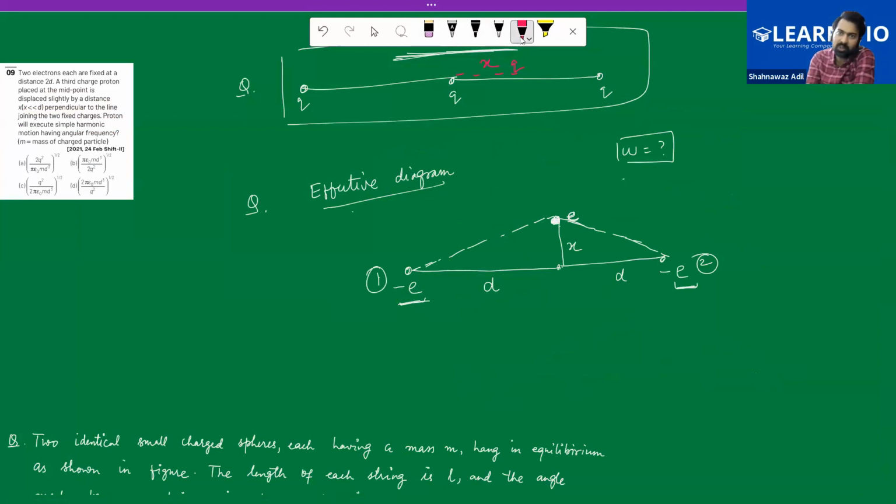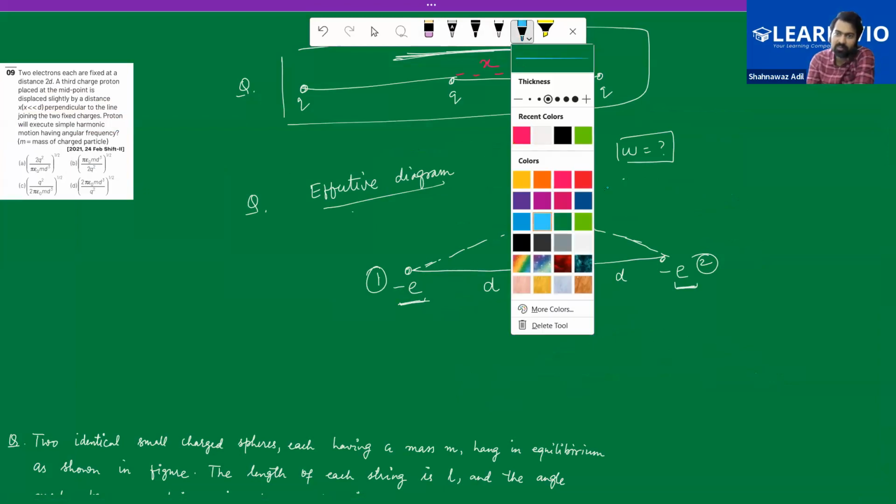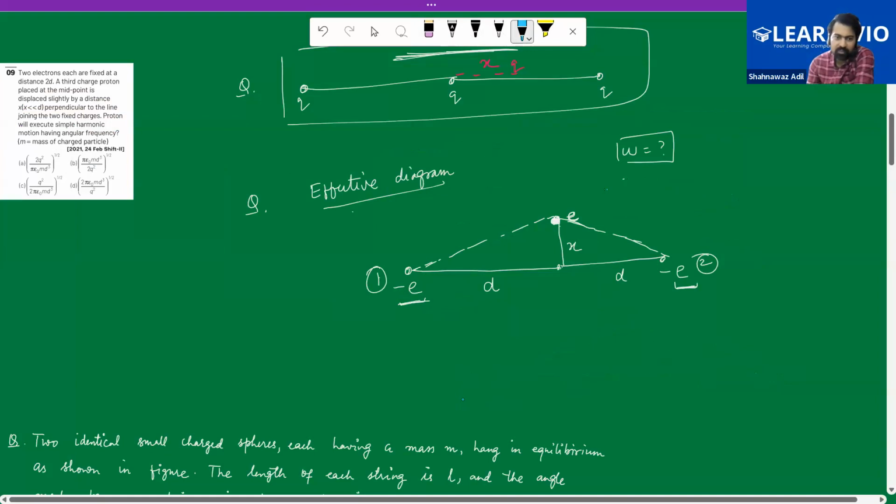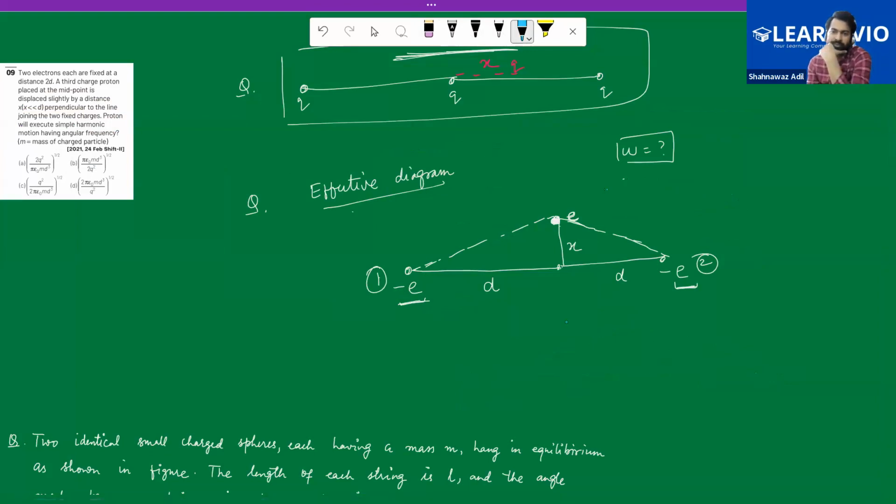Proton and electron will attract, so it's towards each other. I'm not talking about 1 and 2; we are calculating F net at this point. So this would be F1 and this would be F2, again towards the electron.